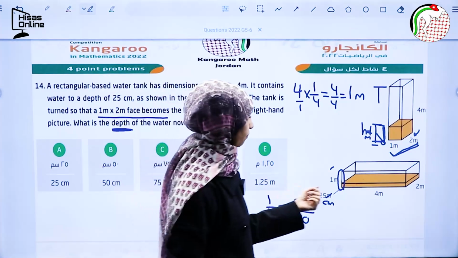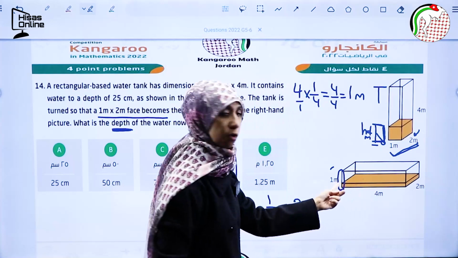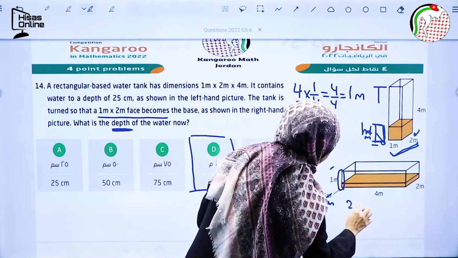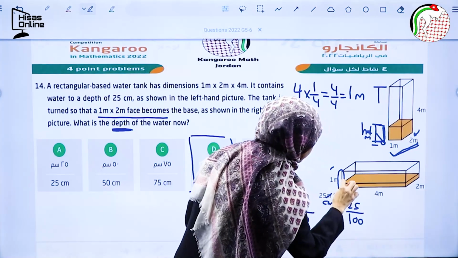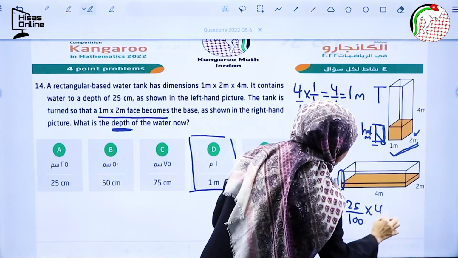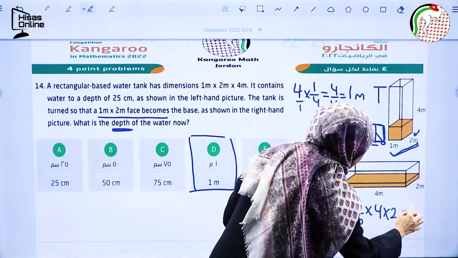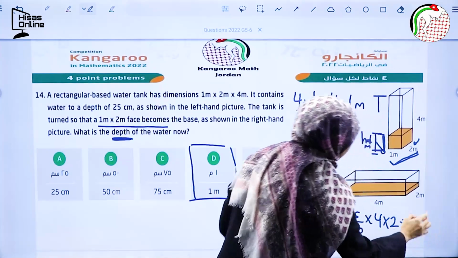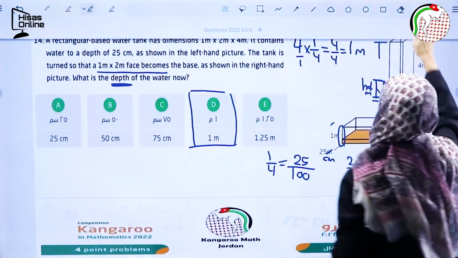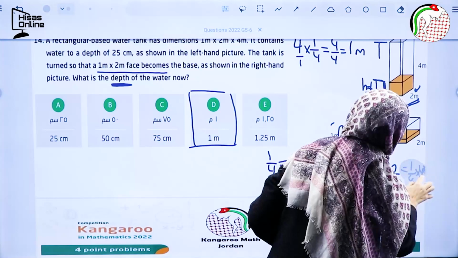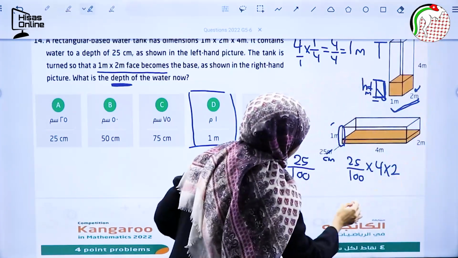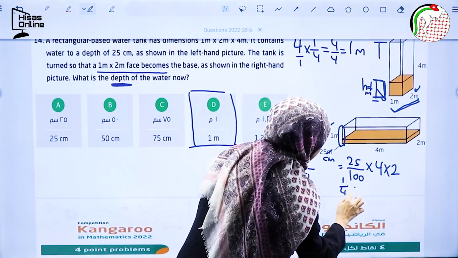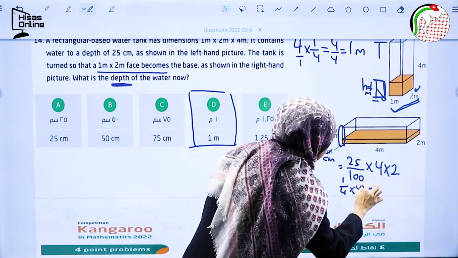Let's double check here. How much is the volume of the water here? It will be 25 over 100, which is a quarter, times 4 times 2.